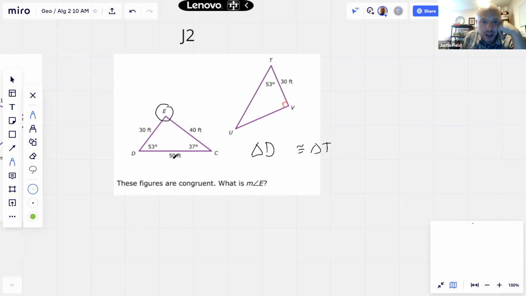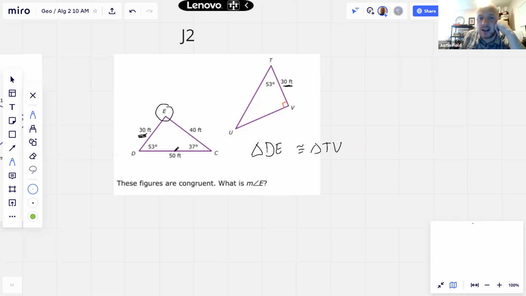So 50, 30. Now I'm looking and I see 30 in both. And so 30 goes between D and E, and T and V. So we got D and E, and I gotta do TV, that way the corresponding DE, TV.